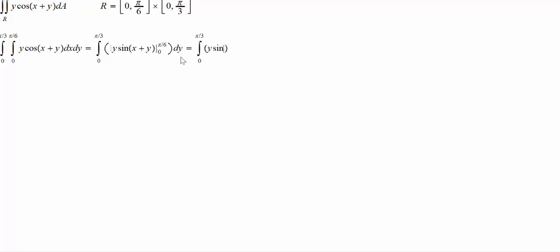So we have y sine of x plus y, where x is pi over 6, so sine of pi over 6 plus y, and then minus, now I'm going to write x as 0. I hope I didn't lose anybody by wrongly substituting here. So you have dy here now, right?